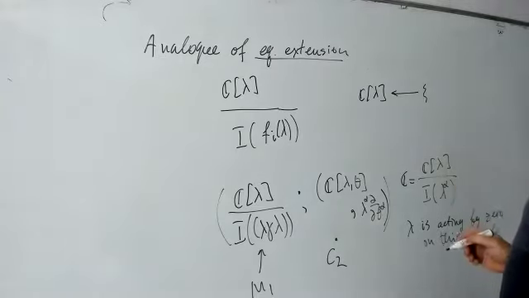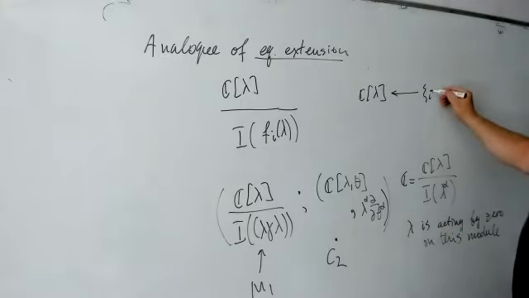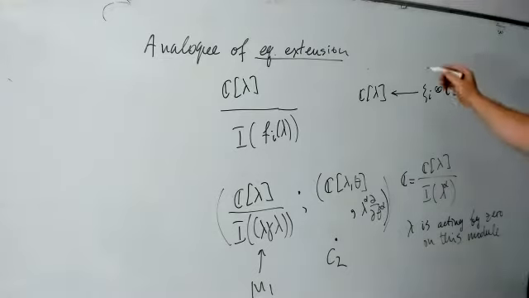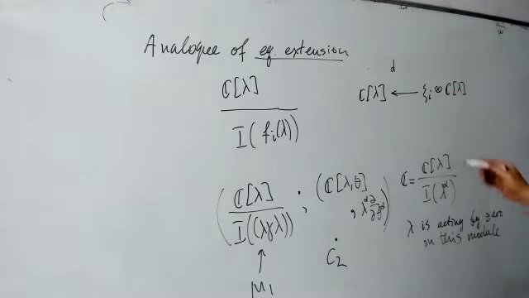I'll say the basis here is psi_i times C of lambda.